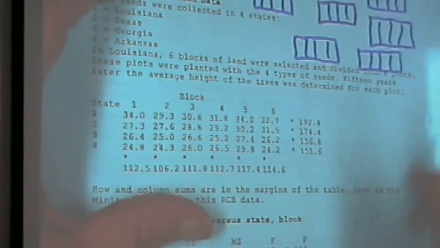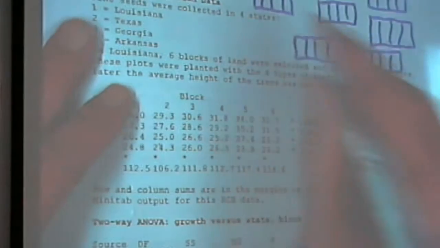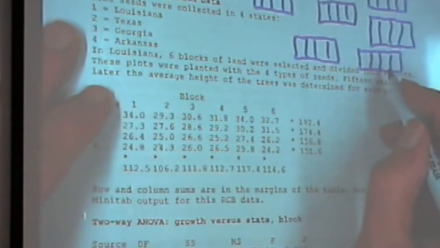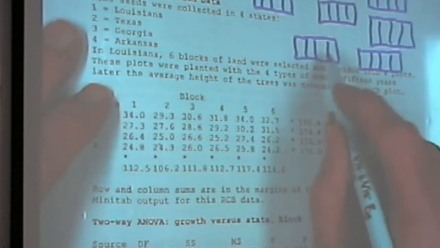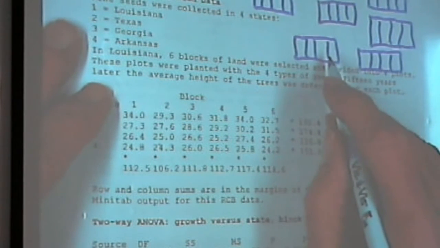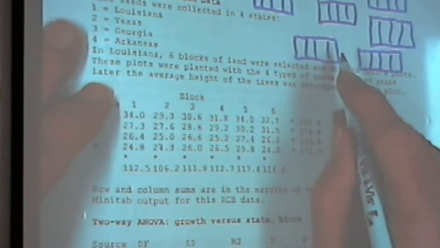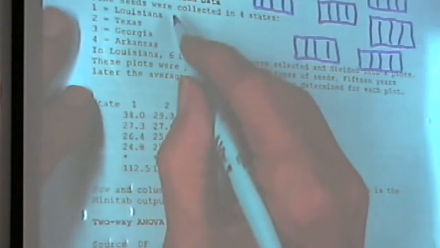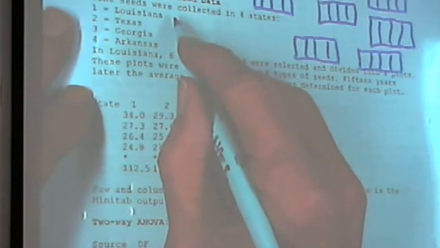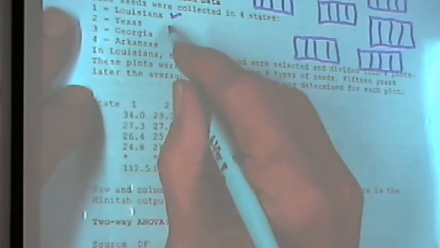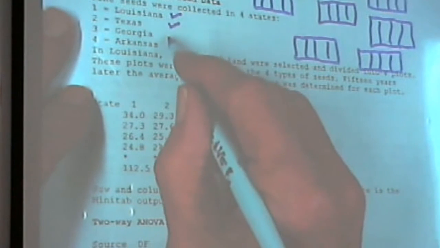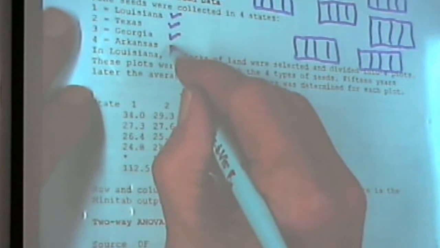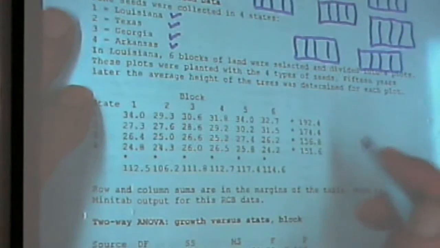So for each of these 6 plots of land, I've got 4 subplots in them, and I'm going to choose to plant one of these types of pine seeds in each of those 4 parts. Some of the seeds were originating in Louisiana, others were originating in Texas, others in Georgia, and finally the 4th type of seeds were originating in Arkansas.